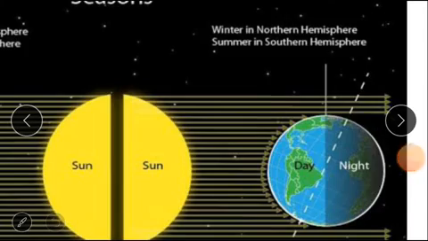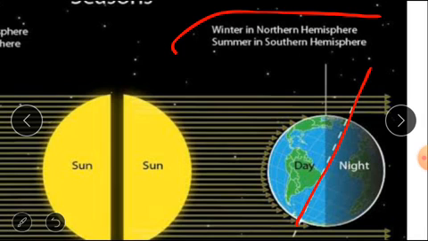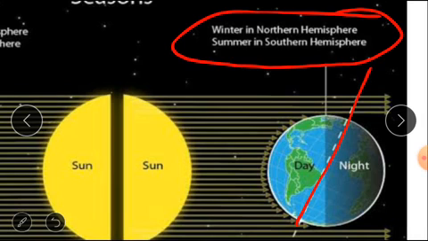This is the Earth, which is not hung up straight, rather it is slightly tilted, as you can see. And this is the Sun and the Sun's rays. So this is saying that there is winter in the northern hemisphere and summer in the southern hemisphere. Why is this so?